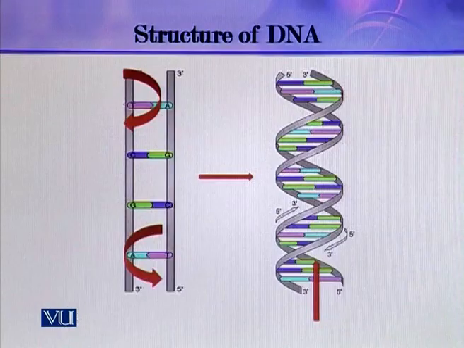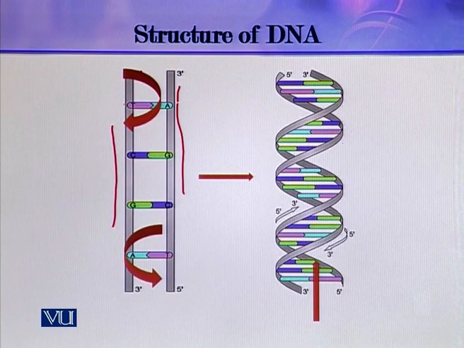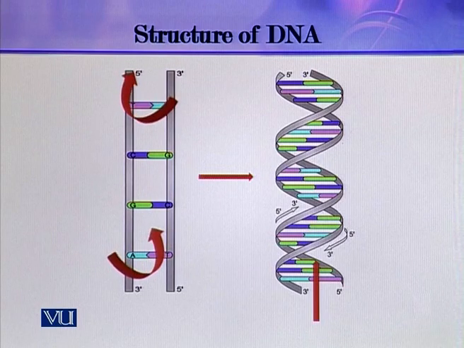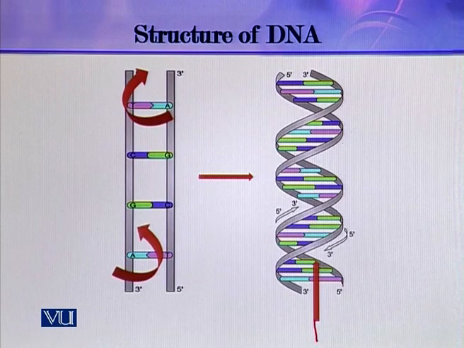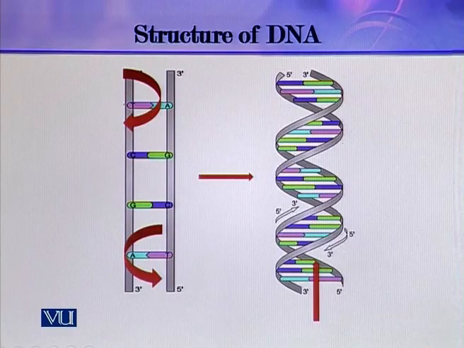As you can see in this picture, the two polynucleotide strands are joined together and wound around the axis. This is the axis, and they form a double helical structure, as you can see here. So this is the double structure of the DNA molecule.